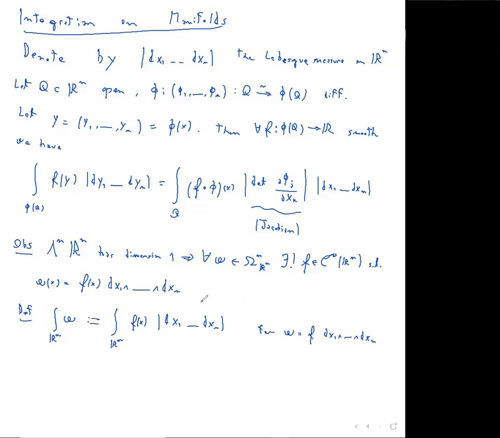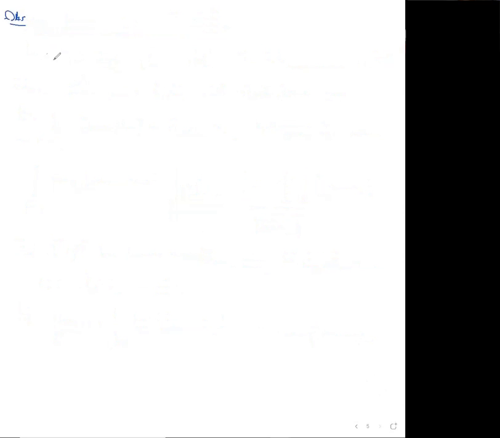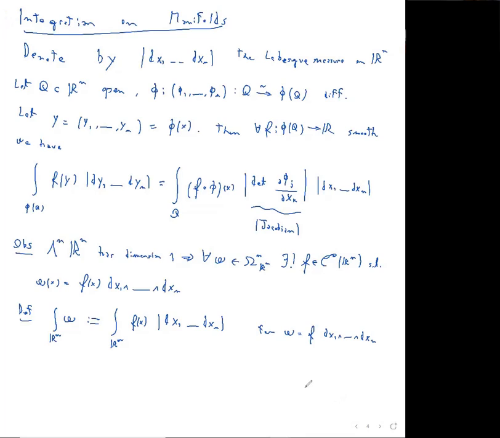Problem 1, this is not well defined. So let's see why. I mean, it is well defined. The problem is it does not satisfy this formula here. It is well defined, but it's not independent of the coordinates, to be more precise.